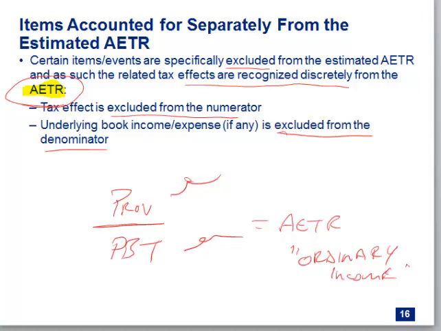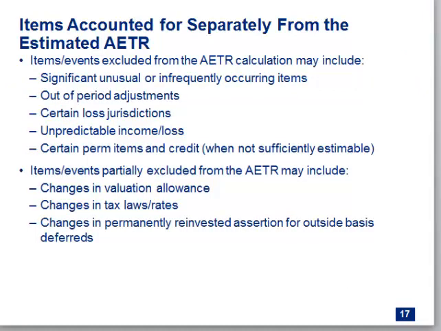So the key is, on this slide, if something is called out as separate because it's not ordinary, it gets fully pulled out, okay? Pulled out of the numerator and denominator of your AETR calc. So this slide talks about items that are excluded. The most common one is this one right here, significant, unusual, or infrequently occurring items.